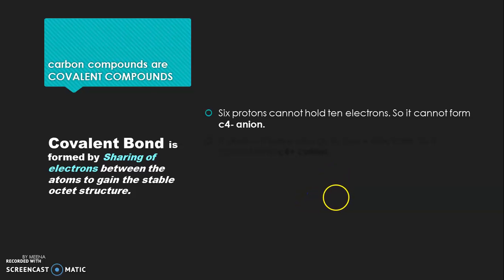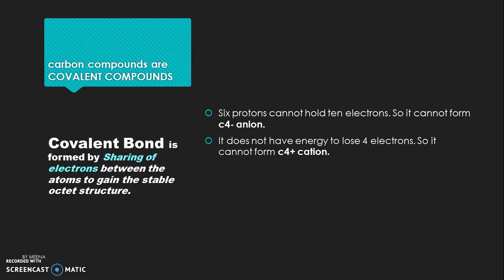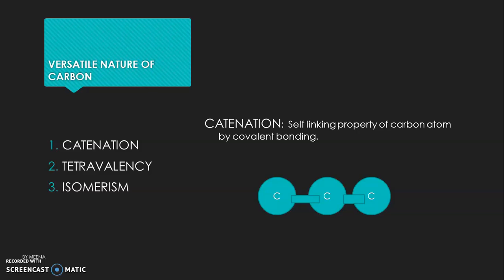So 6 protons cannot hold 10 electrons, so the C4 minus anion is not possible. In the same way, carbon does not have the energy to lose 4 electrons to satisfy the duplet structure, so the C4 plus cation is also not possible. So carbon shares electrons to form covalent compounds.